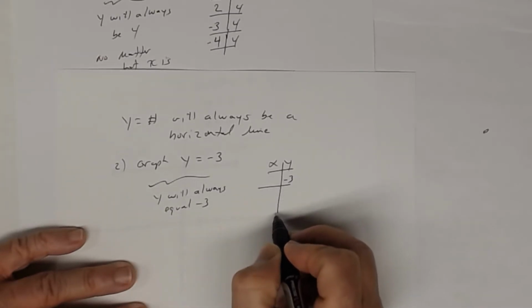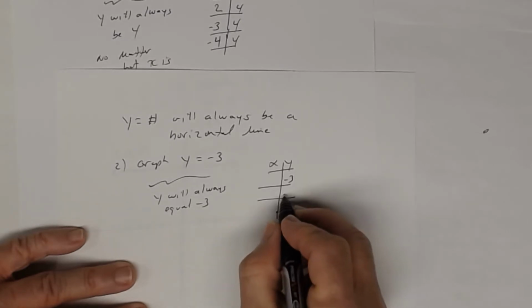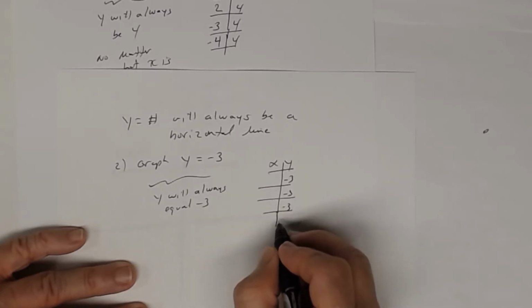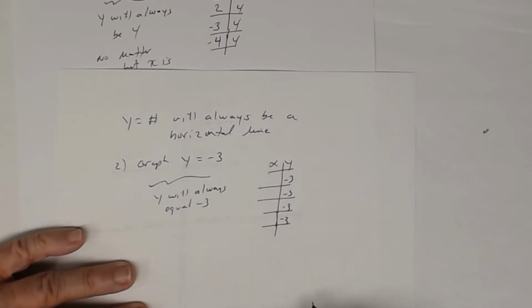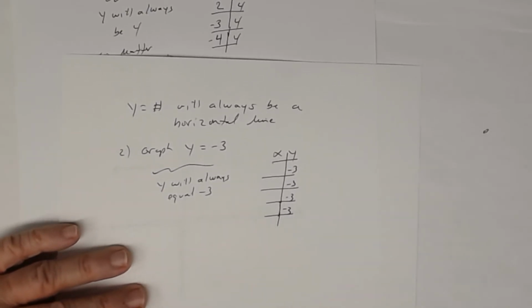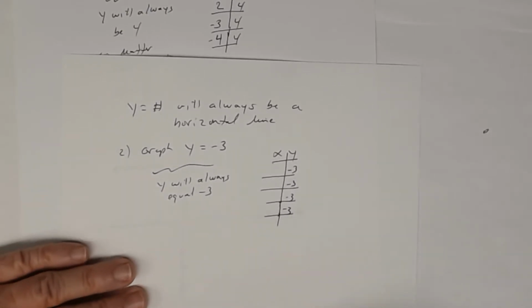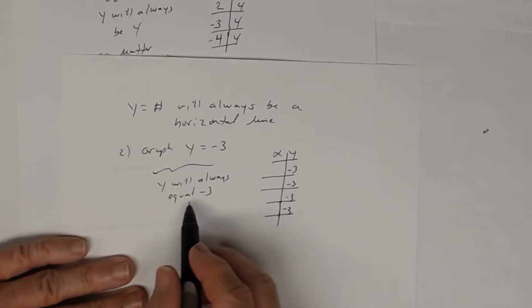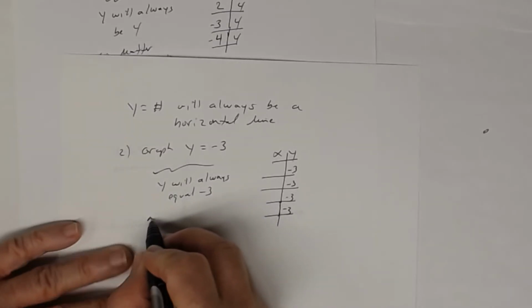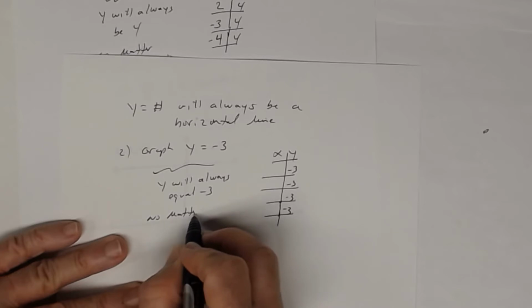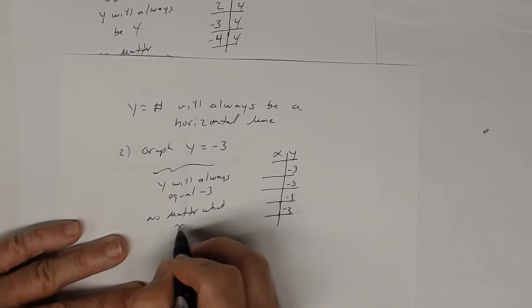So down that y column, I'm going to have negative 3 all the way down, right? And there are an infinite number of those I can put, but all I need are 3 of them. And so y will always equal negative 3 no matter what x is.